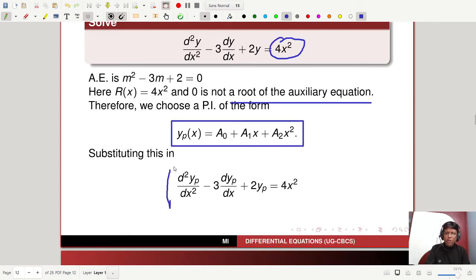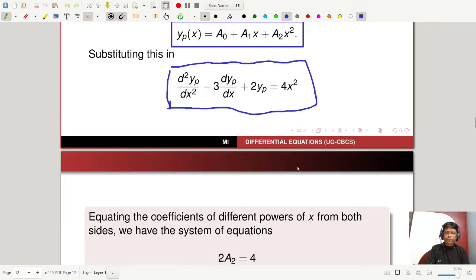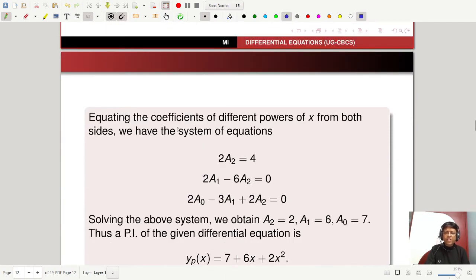So you substitute in this equation and simplify, and equate the coefficients of different powers of x from both sides. After substitution and calculation, you have to equate the coefficients of different powers of x from both sides. So we have this system.